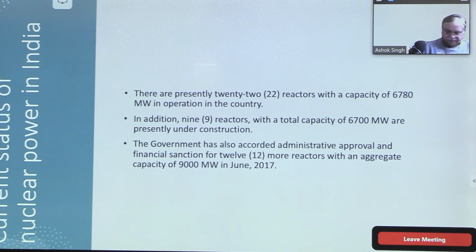NPCIL is the company in charge of all uranium-based reactors in India. Whether they are natural uranium or enriched uranium. So whether you have Indian-made reactors, pressurized heavy water reactors, or the Russian reactors, VVER.